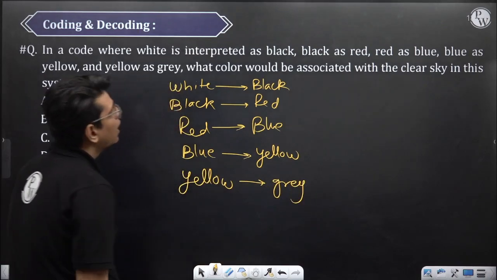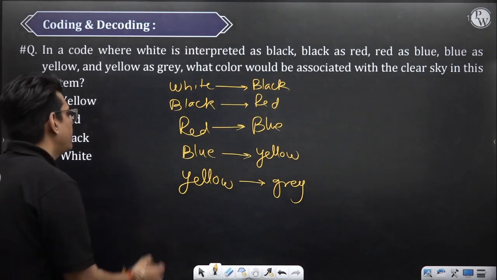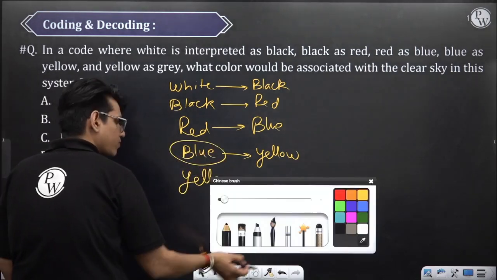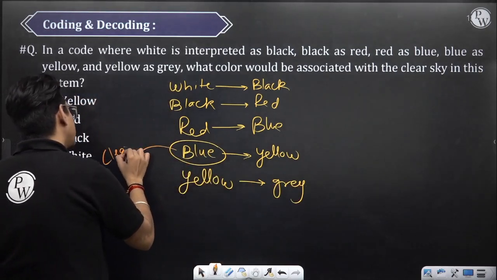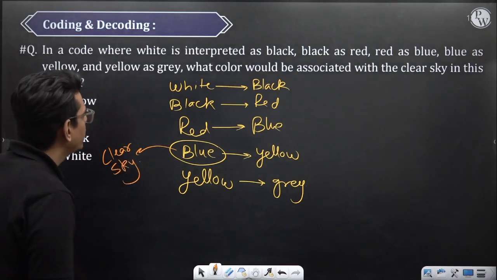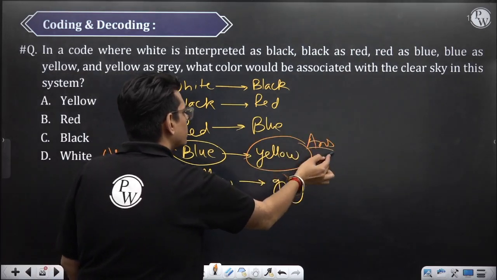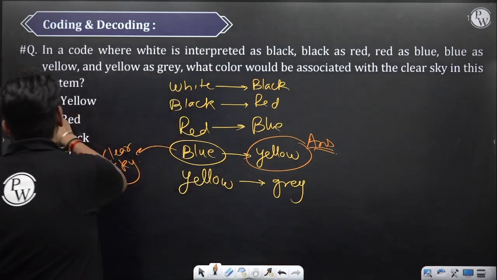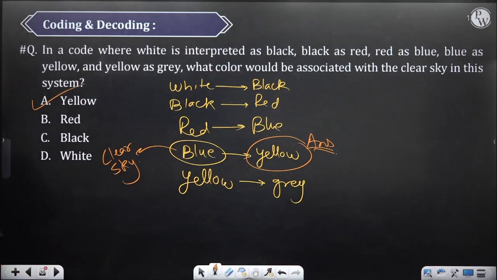Now what color would be associated with the clear sky? Clear sky is blue, right? But we have coded blue as yellow, so yellow is our answer.